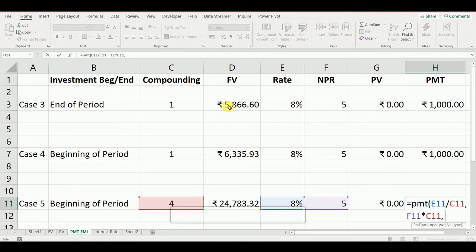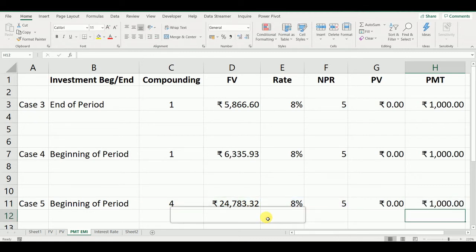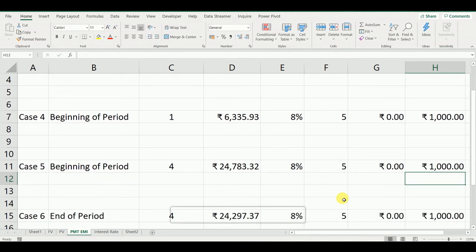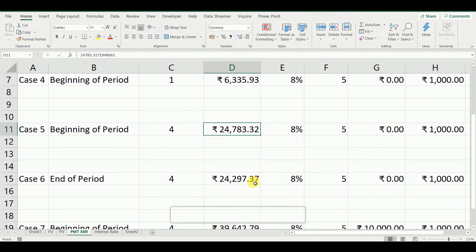Now PV is 0, so we will leave it blank. Now future value we want to get 24,783. Now we want to invest at the beginning of the period, and bracket close. So here if we invest 1000 per quarter at the beginning of the period at the rate 8%, we will get 24,783. Now in our next case all scenarios are same, but we want to invest at the end of the period.